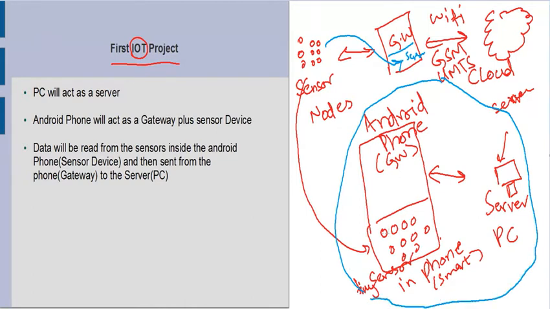So we are going to read the value from the sensor devices, send this value from the Android app, store it somewhere, and then send it through Wi-Fi or GSM or UMTS, whatever. To keep it simple, we are going to send it to the server, which is going to be our cloud.